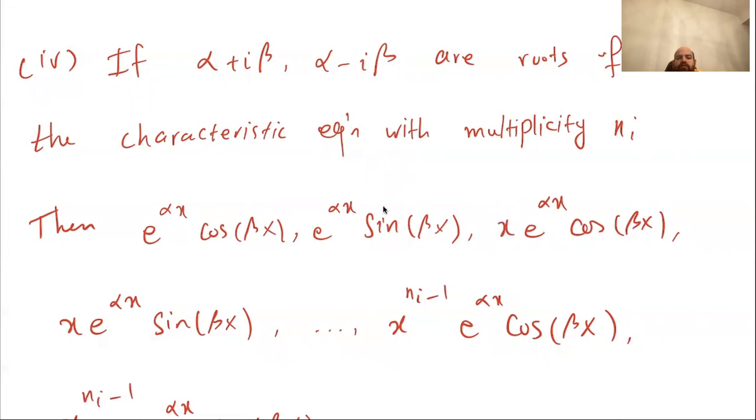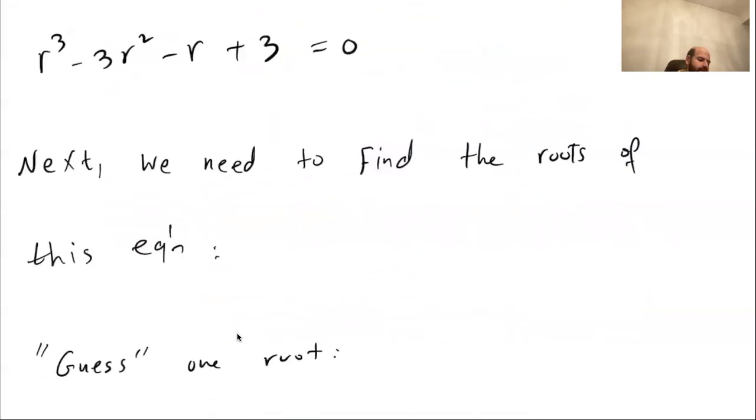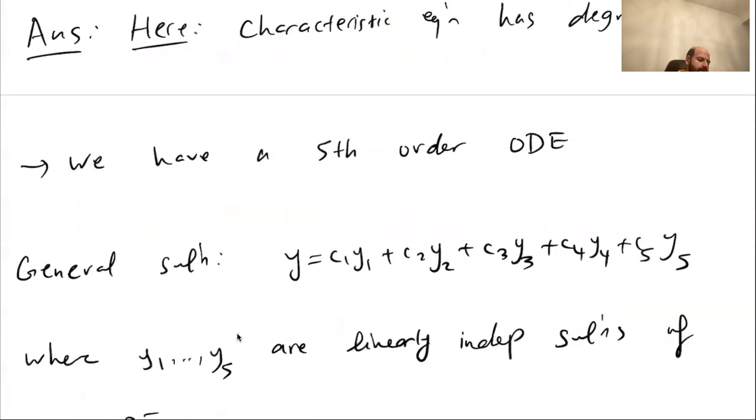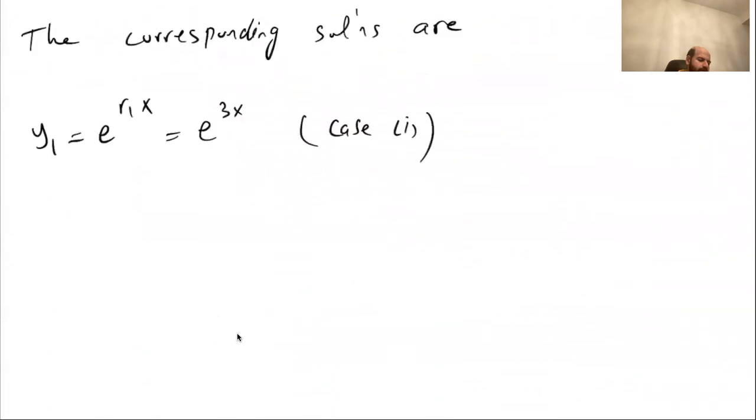So I will have 4 solutions here. Alpha is 0, beta is 1. So cos beta x, sine beta x, x cos beta x, and x sine beta x. So 4 solutions.